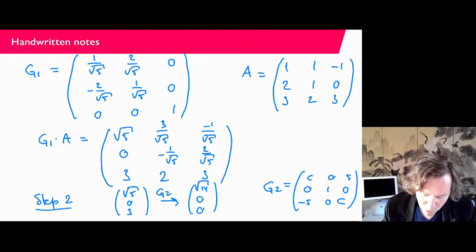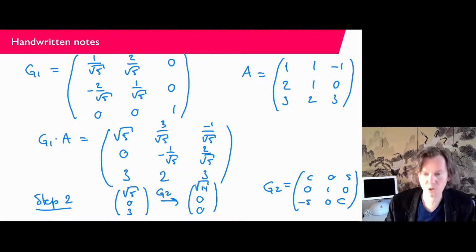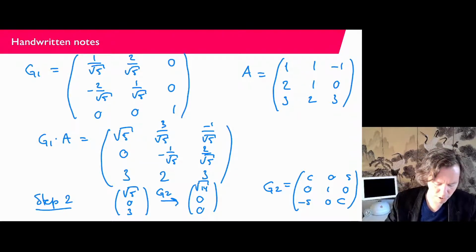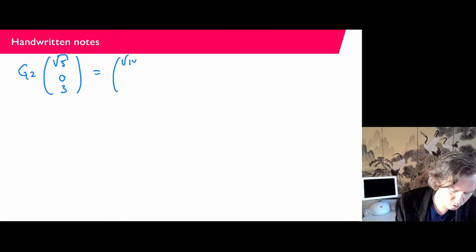And you can probably guess how we are going to choose it. The C and S are different C and S now than from before. They are chosen in such a way that if you would multiply G2 with this vector that we had, we would like it to be this vector.